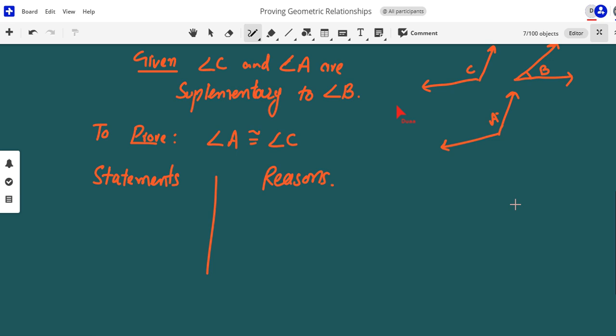It is given that angle C and angle A are supplementary to angle B. So this would be given.